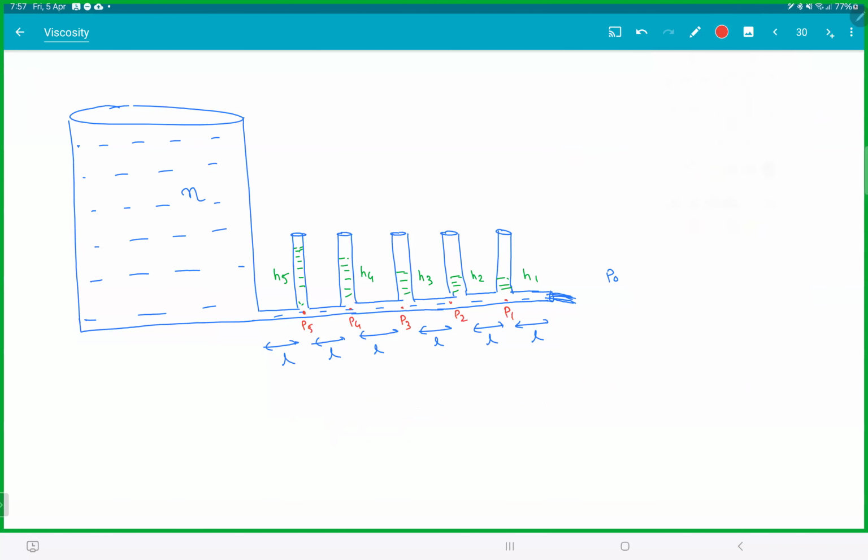What is the same in each cross section? The volume flow per second, right? The same liquid flows through each cross section. So can I write like this?